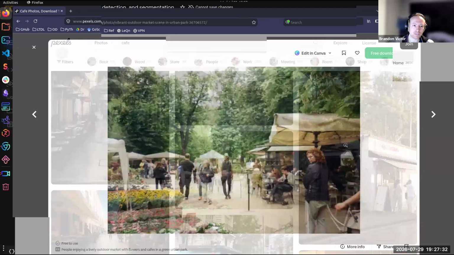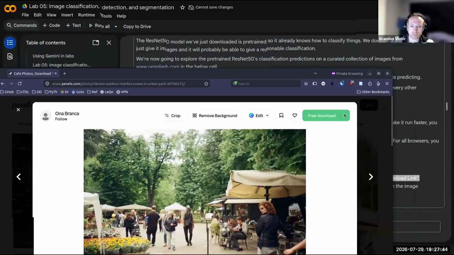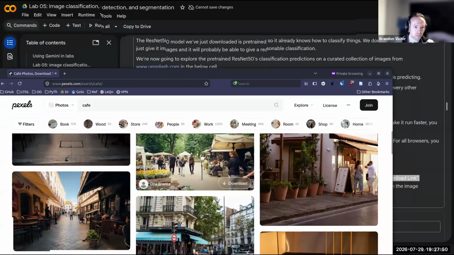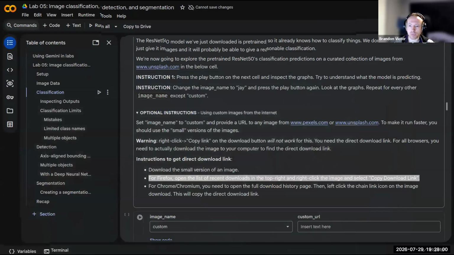So I want this image, so I'm going to click here. My thing is not working. Maybe it's Canva only. Why can't I click this? Okay, the browser's not working. Let me try a different browser.